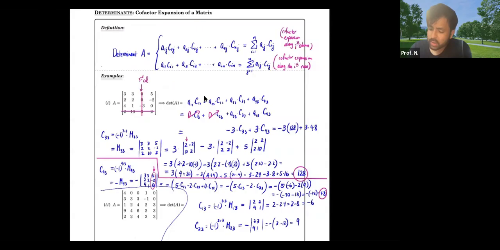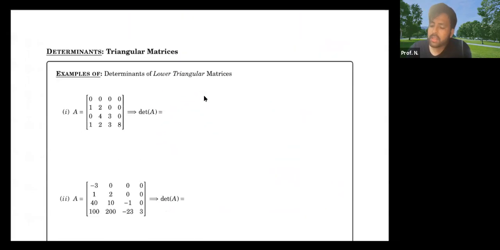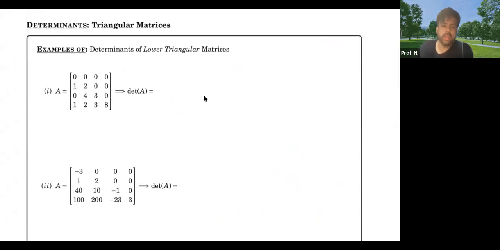So let's look at some simpler matrices, for example, triangular matrices. Triangular matrices are really nice because you can find a determinant almost instantly. Now, how do we apply this? Look at all these rows. There's one row of zeros.